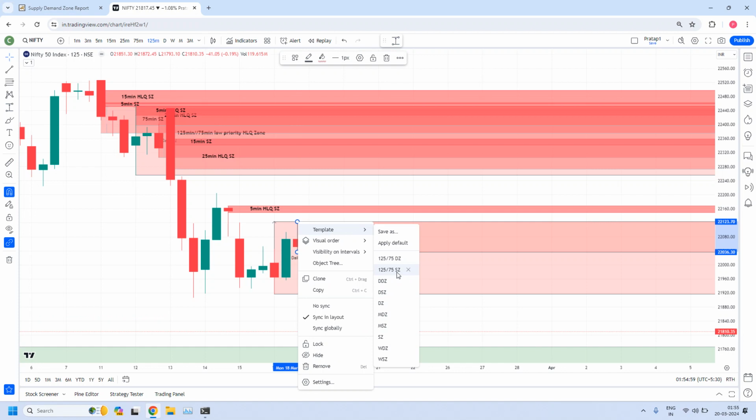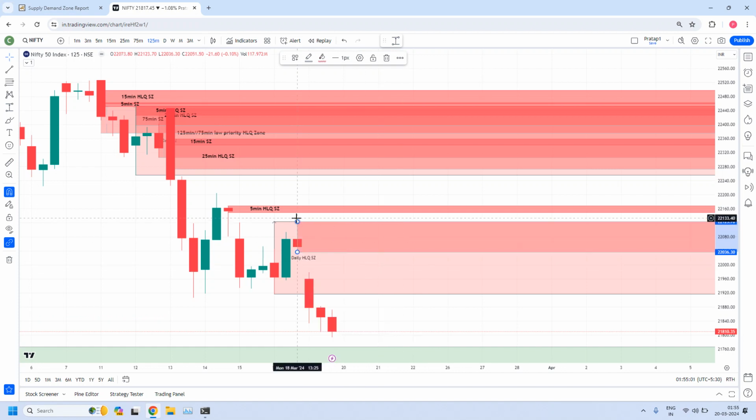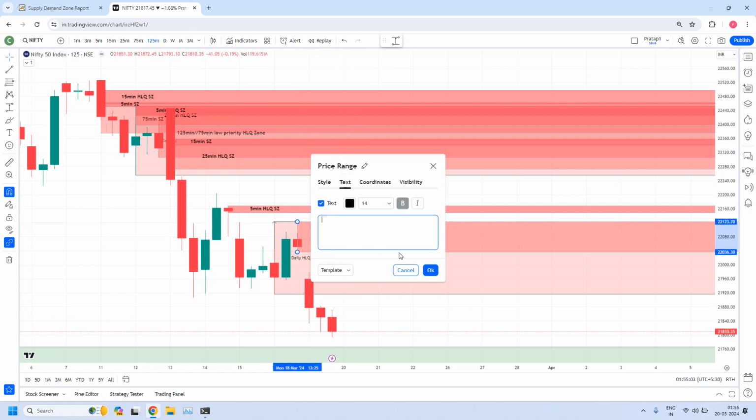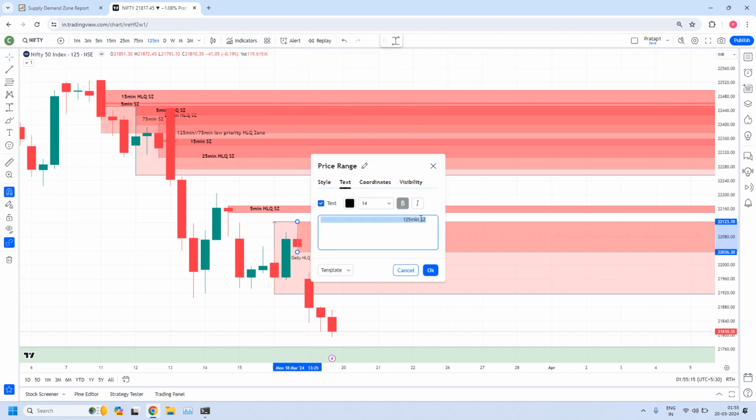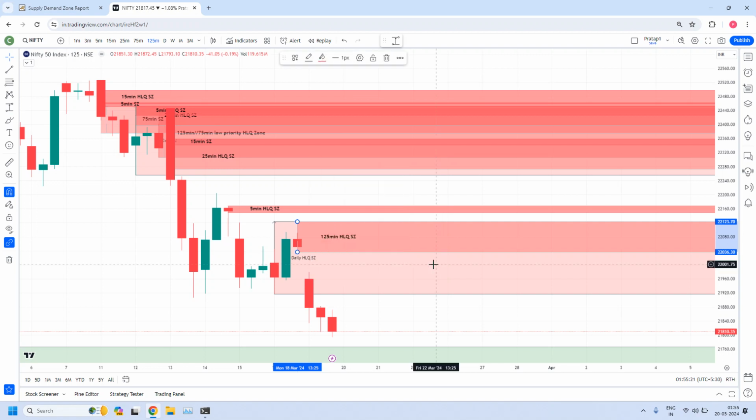This is a 125 minutes or 75 minutes supply zone. This is a high liquidity supply zone. We have to write that word. This is the inside daily high liquidity supply zone.